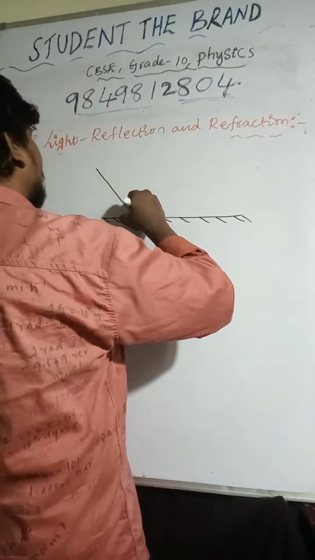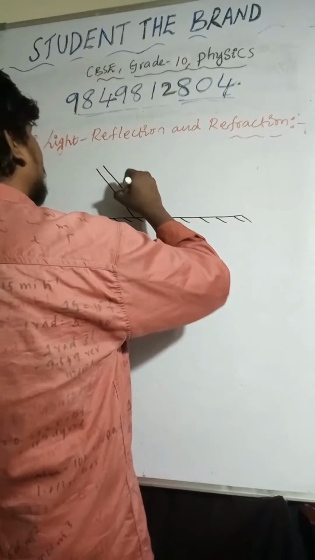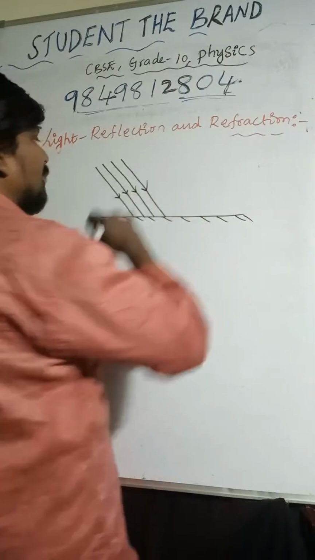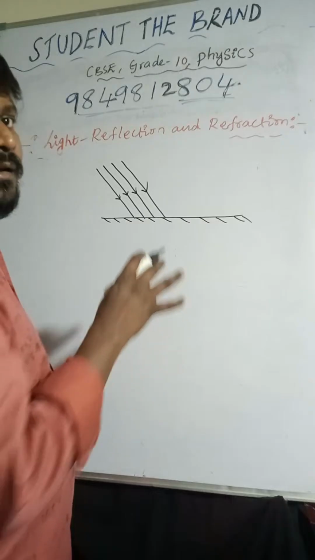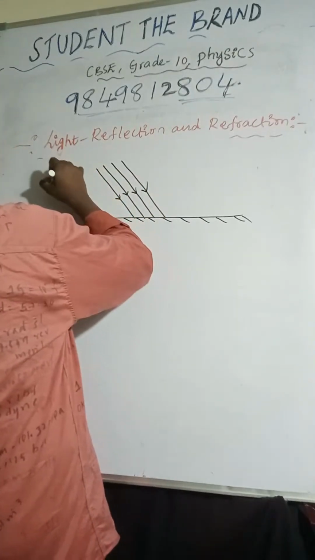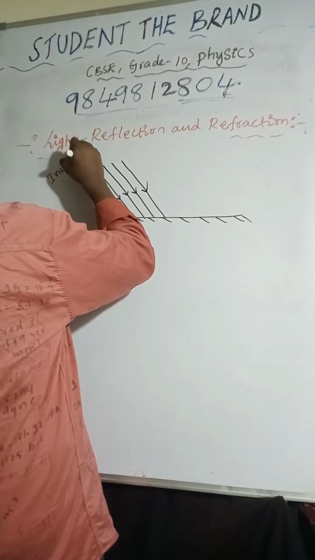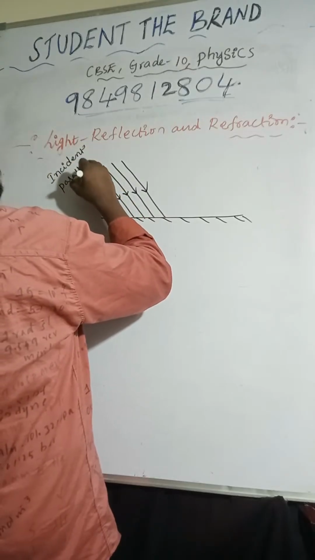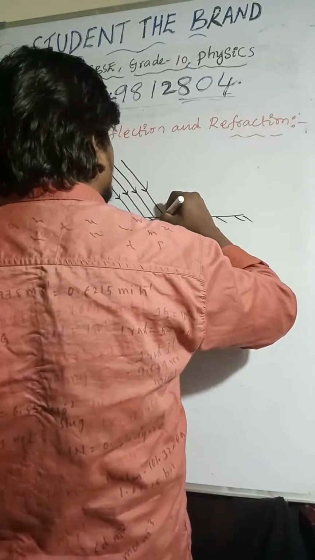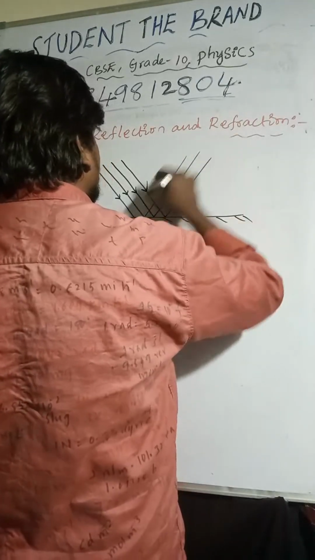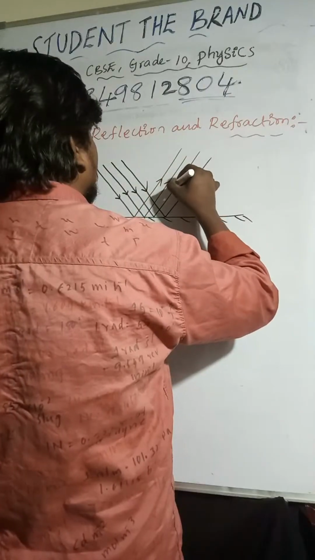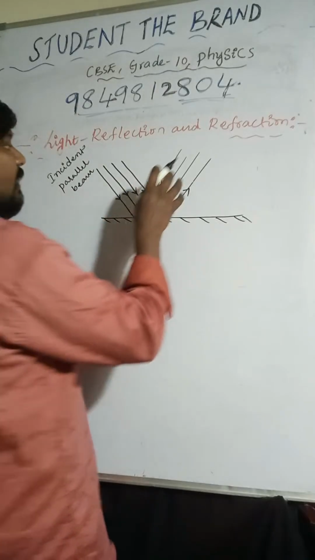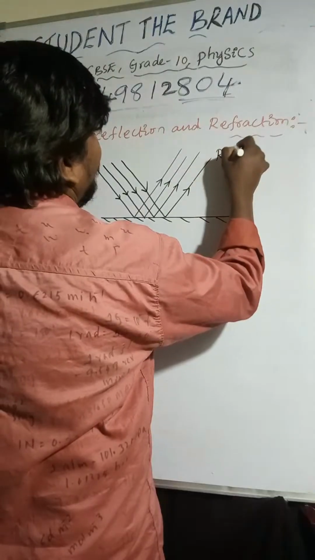So these are the incident beam, incident parallel beam. So even the reflected light rays are also parallel to each other.